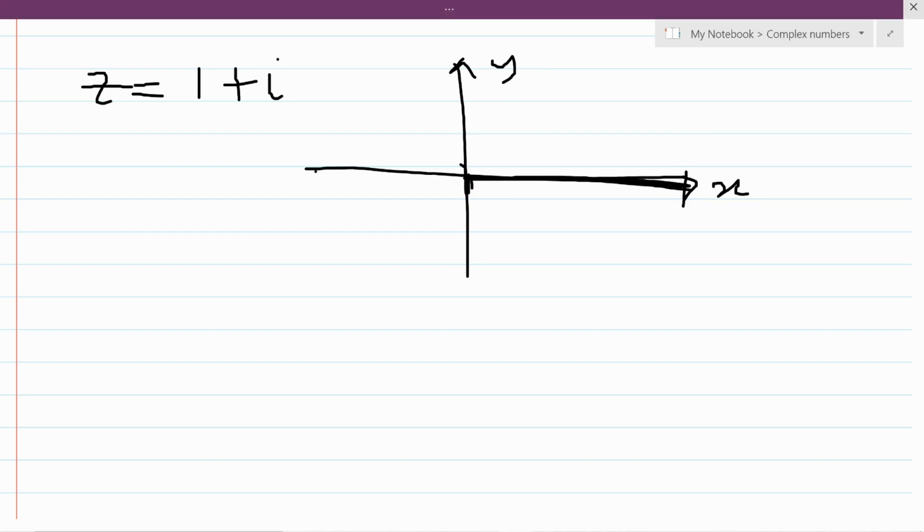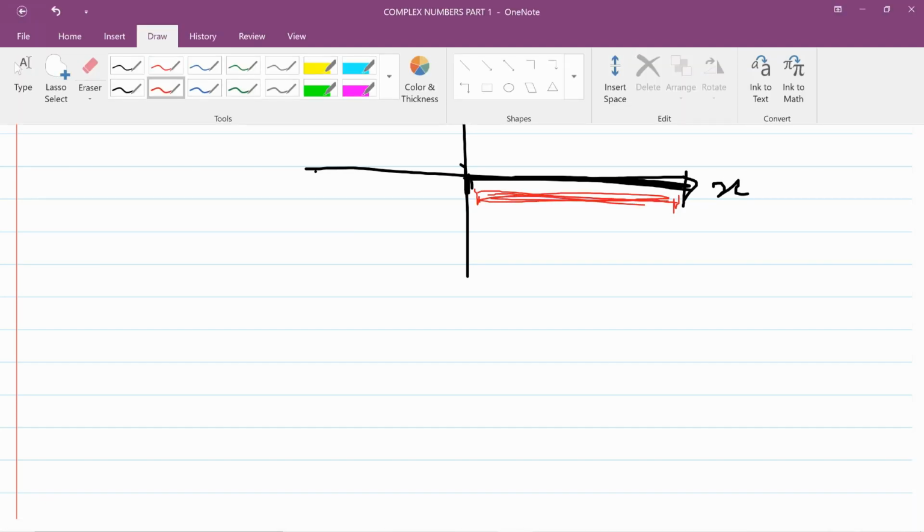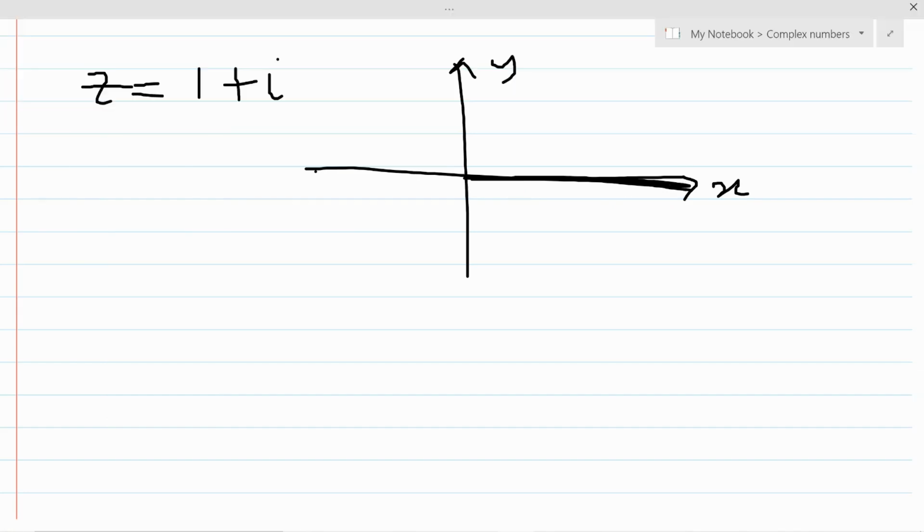Let me use another color so that you know. So it's from here to here, the positive x-axis, the angle that it will make with that. Now let me erase this one.